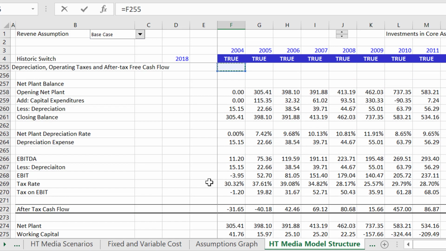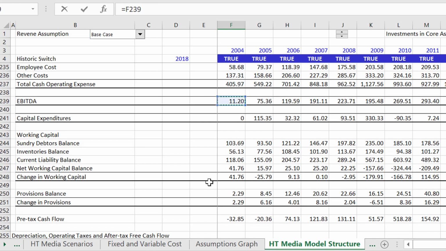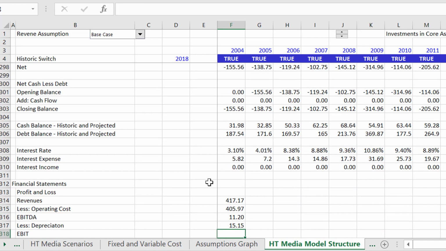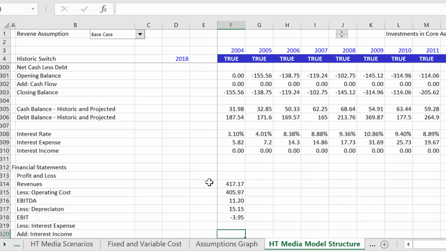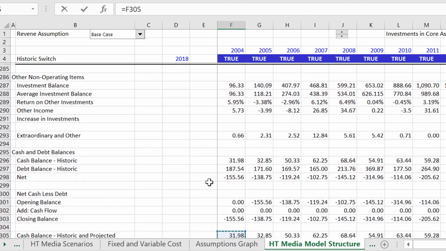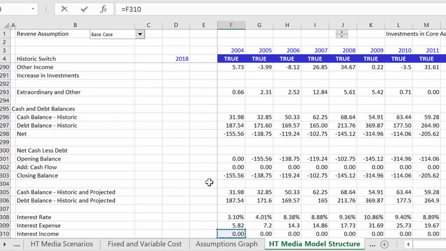And then remember we had a section of the model for our depreciation. Let's get our depreciation expense, and then we have our EBT. We've already kind of computed that. Now we can go up and get our interest expense that we just had in the very last section here.